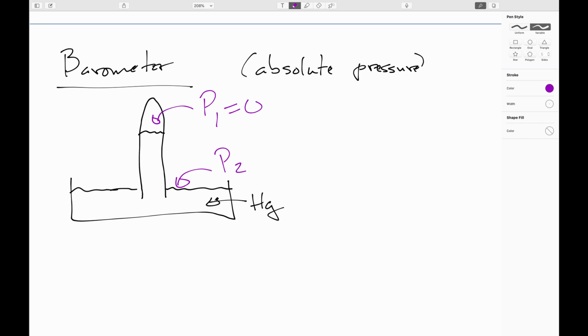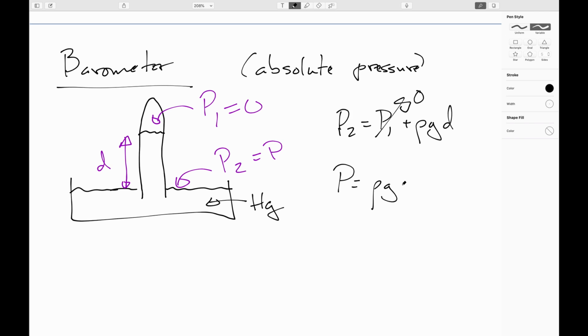So this is the pressure P2 that we want to find, or we'll just call it P. Then you measure the height of this column of mercury, D. Starting with Pascal's law, P2 equals P1 plus rho G D. P1 is just 0, P2 is P, so P equals rho G D, where rho is the density of the mercury. So this is a measure of absolute pressure, what the pressure is right here.